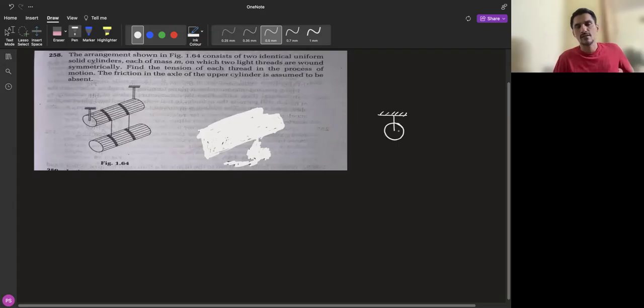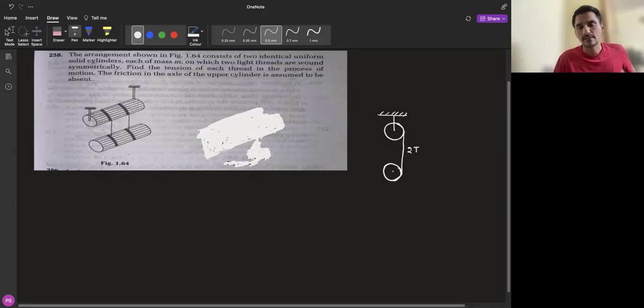Here this is the upper cylinder, and to this upper cylinder two strings are fixed, and one more cylinder will be at the bottom of it. Two strings are here in between these two cylinders. So what is the tensional force here? 2T. Now he is asking us to find the tensional force only.